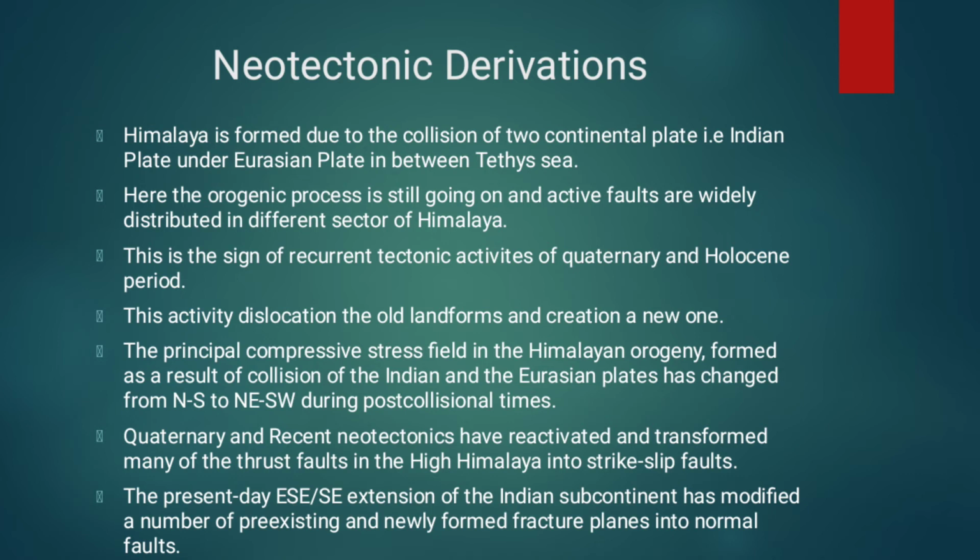So the Himalaya is formed due to the collision. How can one say that neotectonics has happened, or how did the word neotectonic evolve? The Himalaya is found to be a collision of two continental plates, Indian and Eurasian, with the Tethys Sea in between.